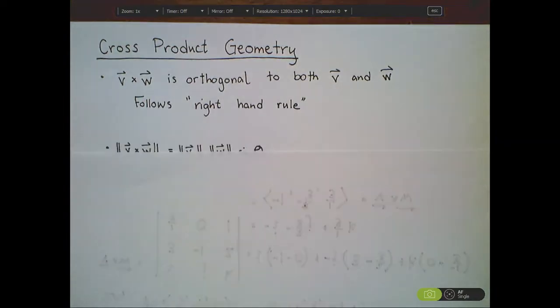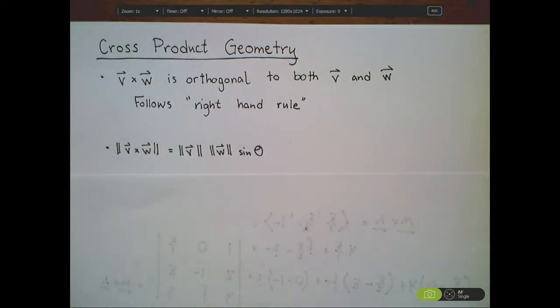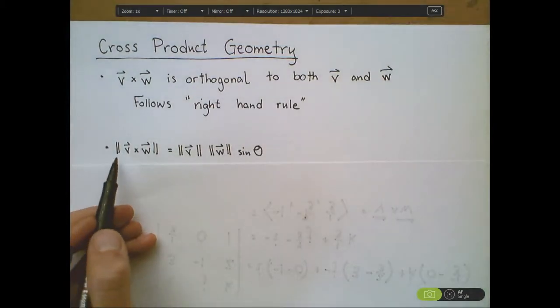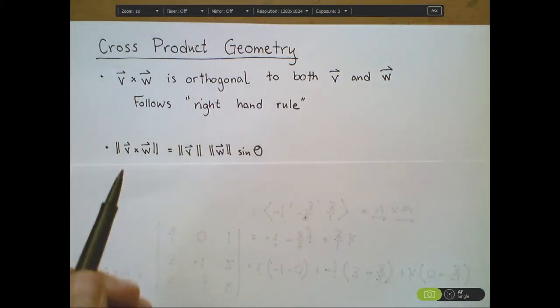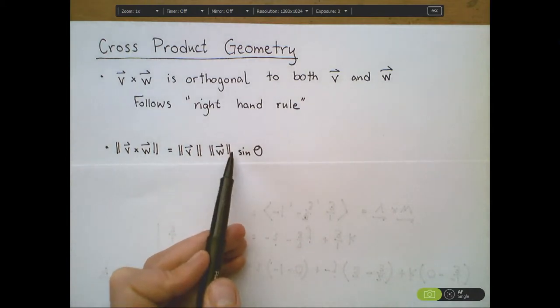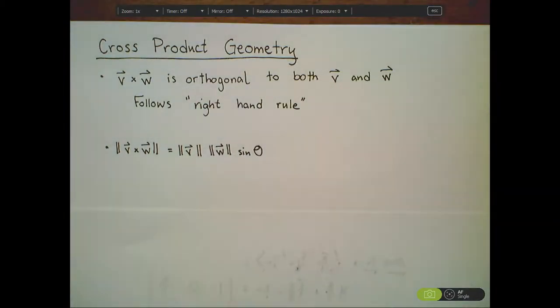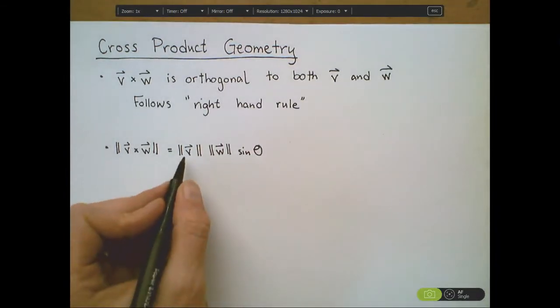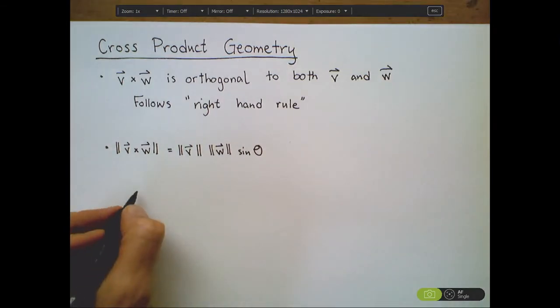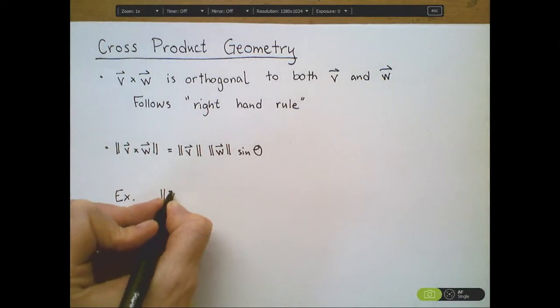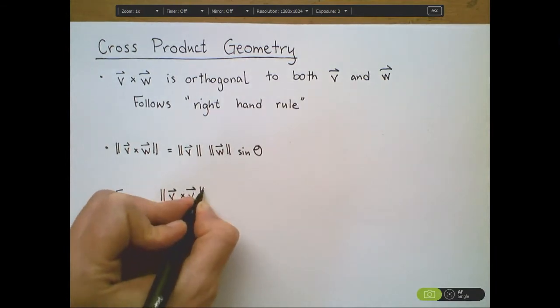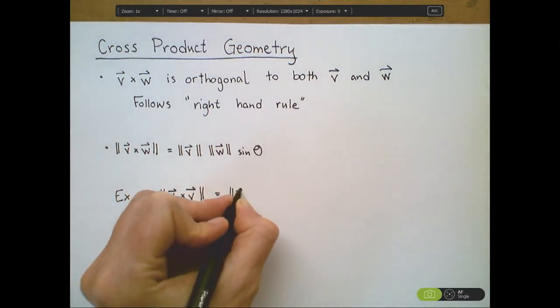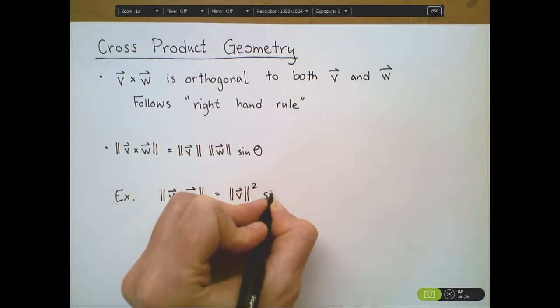What's the other geometric implication? The magnitude of the new resulting vector is equal to the magnitude of each of these vectors times the sine of the angle between them, which is similar to the opposite relationship that we saw before. So for example, if I look at the magnitude of v crossed with itself, that's going to be the magnitude of v squared times the sine of 0.